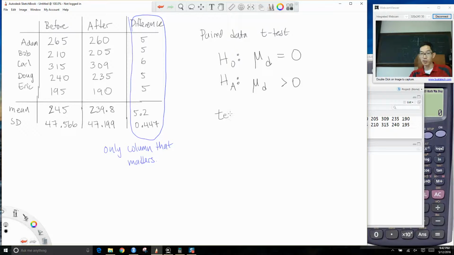So our test statistic is going to be d bar, the average of your difference column, divided by the standard error. Okay, and so our standard error is going to be s of the difference column divided by the square root of n.